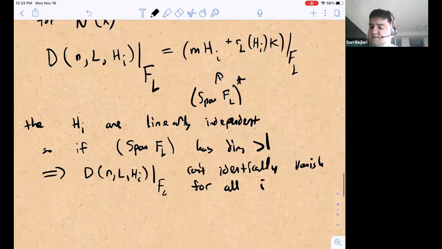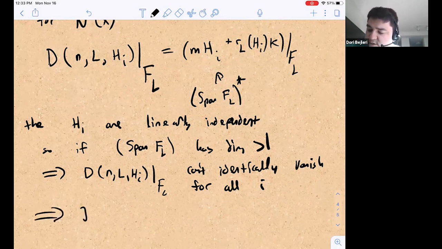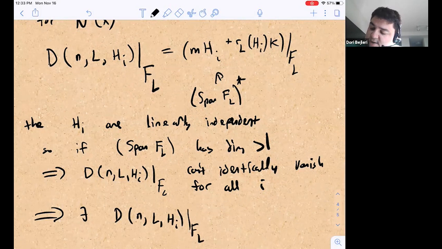So as long as the span of FL has dimension strictly bigger than 1, then we can find some D, so some I, where this restriction is not identically 0. And now that works, because if this is not identically 0 on FL, then the face it cuts out, where it is 0, has to be strictly smaller than FL.